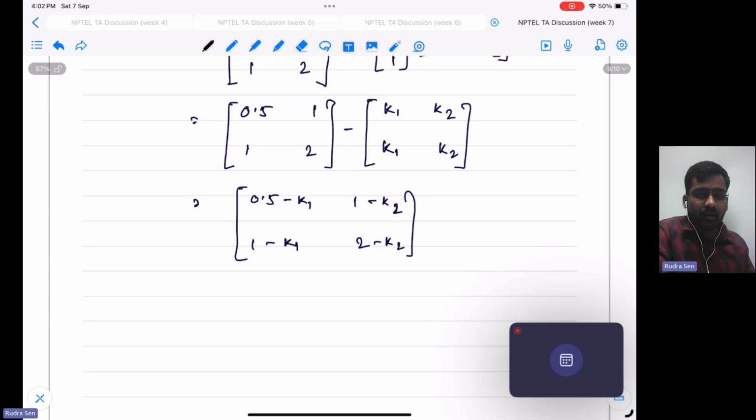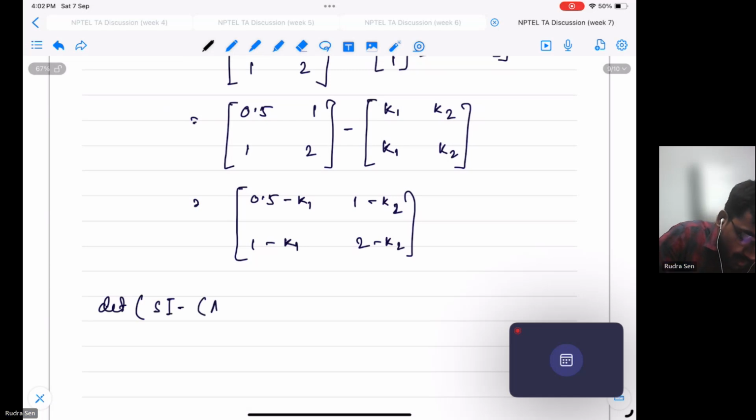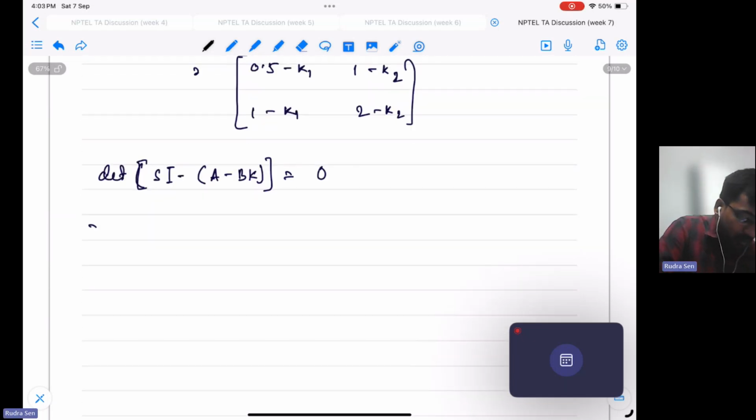And I have to find the determinant of this closed loop system. So the determinant of (sI minus (A minus BK)) should be 0, right? This is my closed loop characteristic equation.